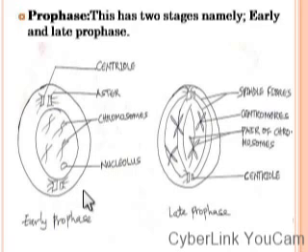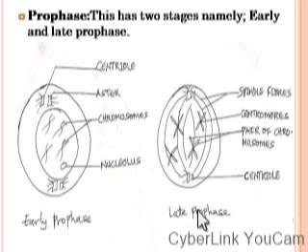Another process that takes place at the early prophase is that the centrioles form asters. This is the centriole. Then asters are formed at the centriole. These are the asters. It is centrioles that form asters.